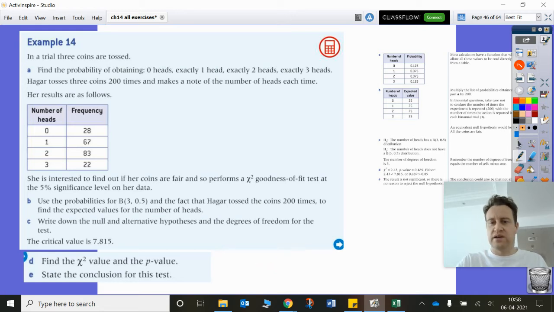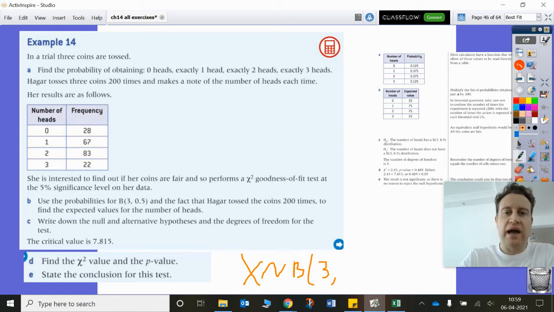There are your probabilities. You can say, if you want to, that X is binomially distributed with n equal to 3, because there are three flips of a coin. Each one of these trials follows a binomial distribution, but there are 200 times of that thing being carried out in the experiment.